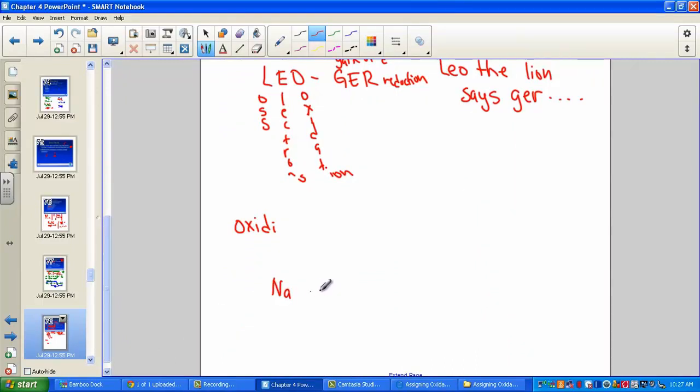Remember in our previous example where we had a sodium atom losing an electron, and we wrote this out as an oxidation half reaction, a loss of an electron. Because sodium is being oxidized, it is called the reducing agent. The term agent means it's forcing the other reactant to become reduced.